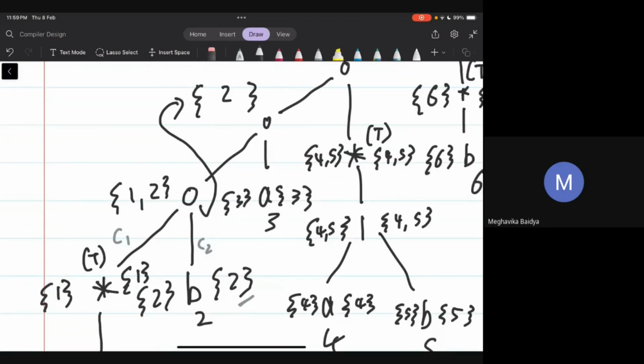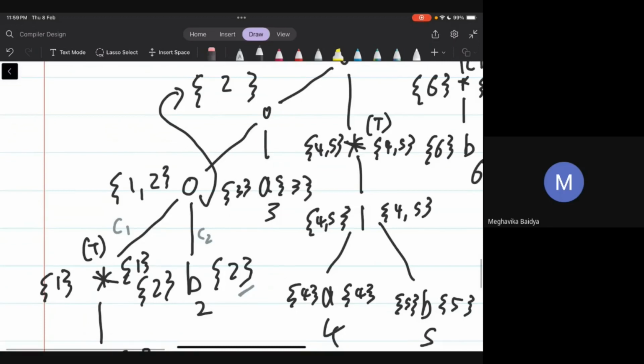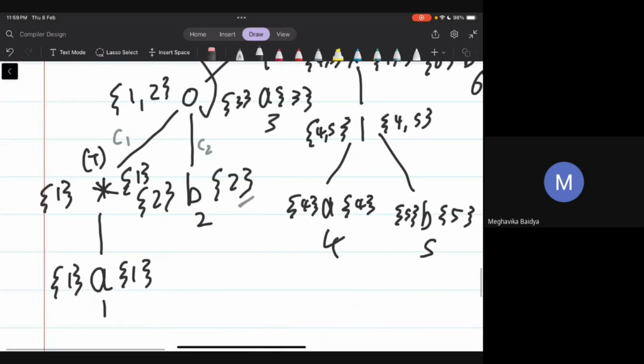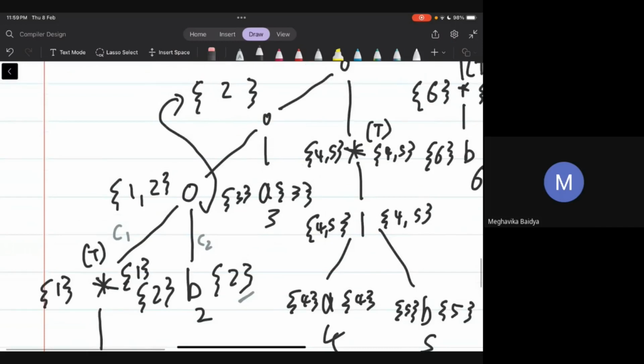In case this was also a star, for example if instead of B there was star B, then this would also have been true here, and you would have taken the union, which is 1, 2. Since it is false, it's only 2. So this is done for this concatenation.